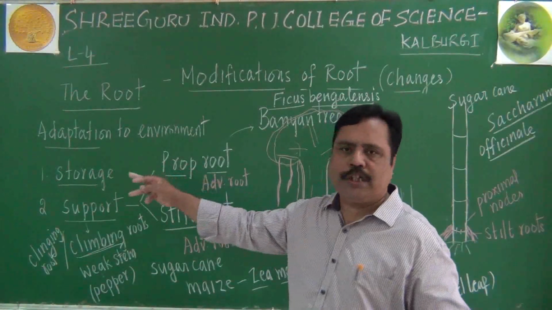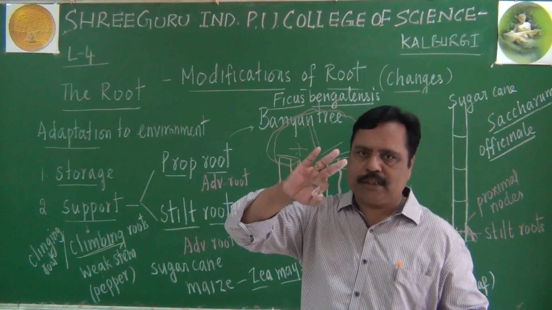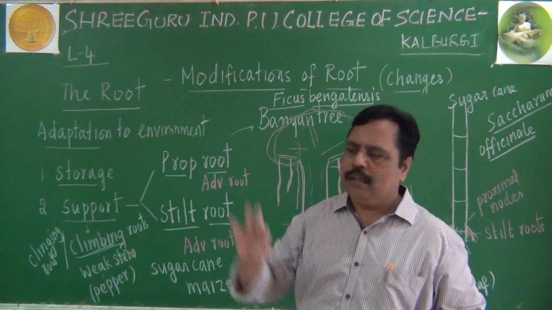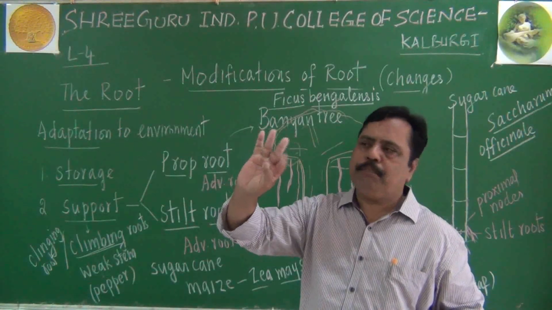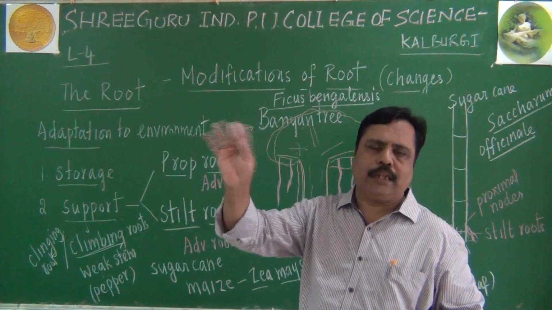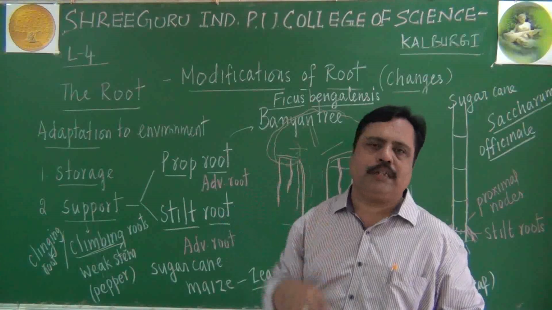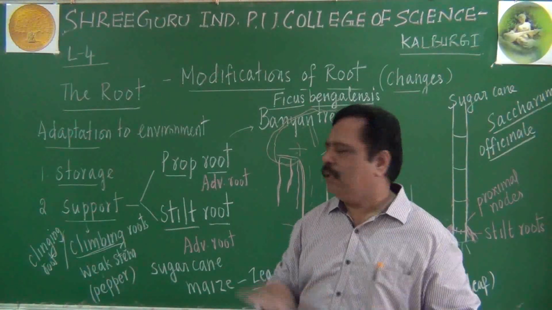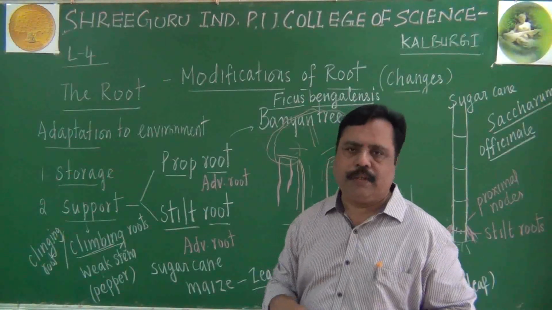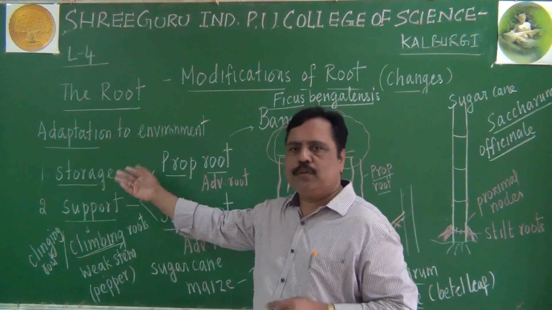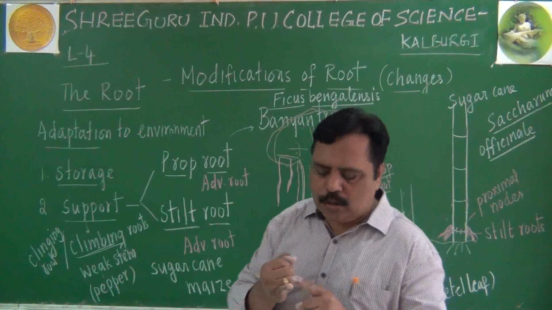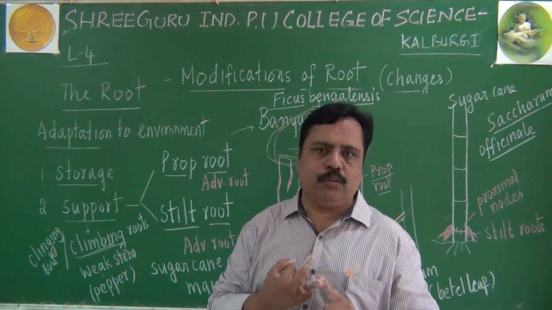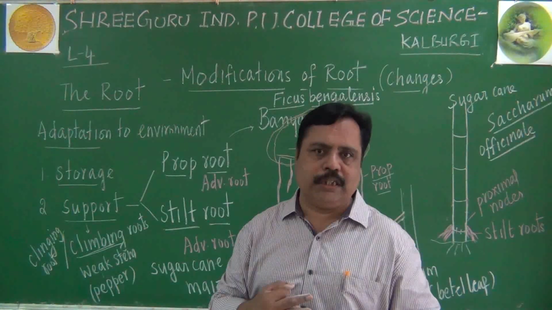In taproot storage, I told you three examples: conical, fusiform and napiform. Carrot, turnip, then radish. We came across fusiform radish, for napiform turnip, various examples we have seen. Then in the storage root only, I told you moniliform roots, grasses, fasciculated root, asparagus, remember this point.